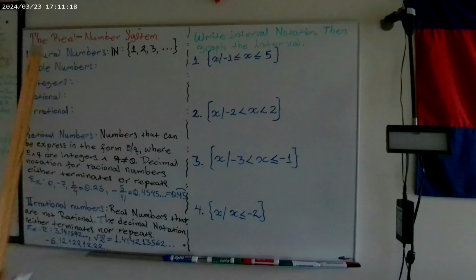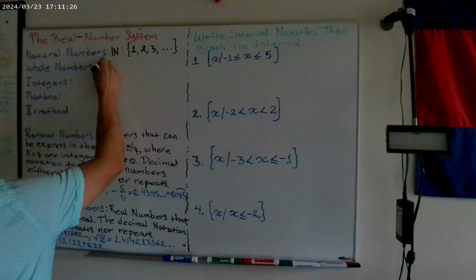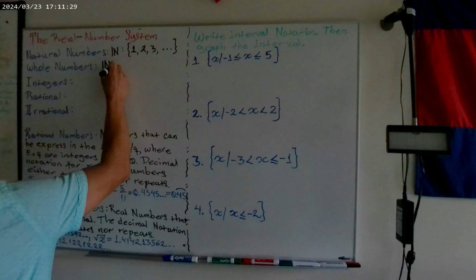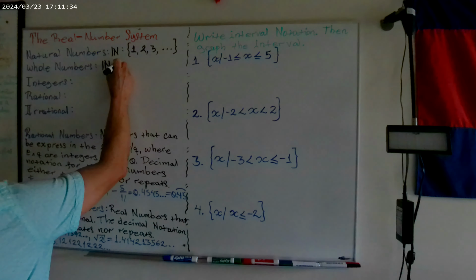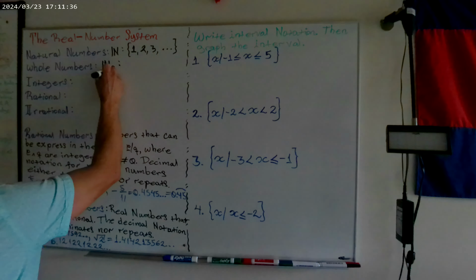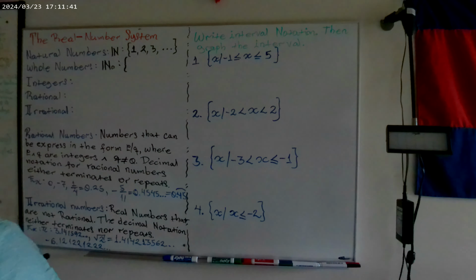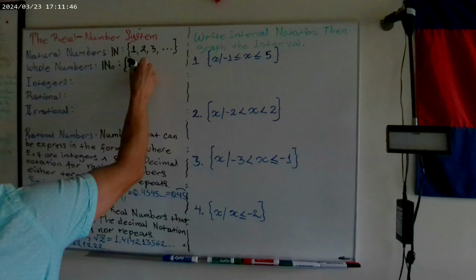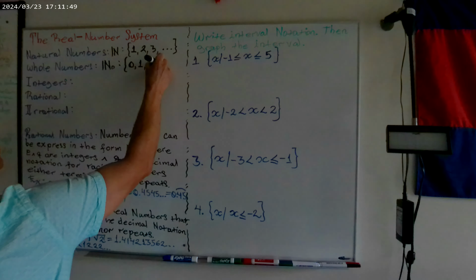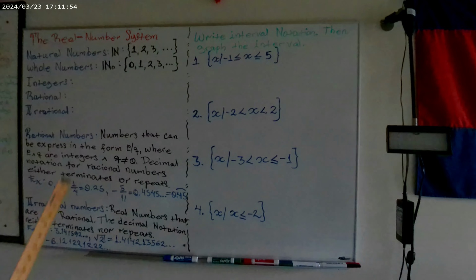Another set of the real numbers is the whole numbers. The whole numbers we could represent by N with a small 0 next to the N. So the first element of the whole numbers is 0, then 1, 2, 3, all the way to infinity.